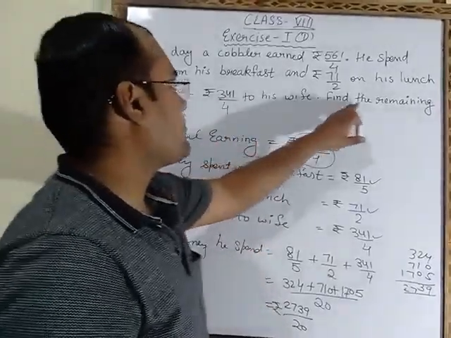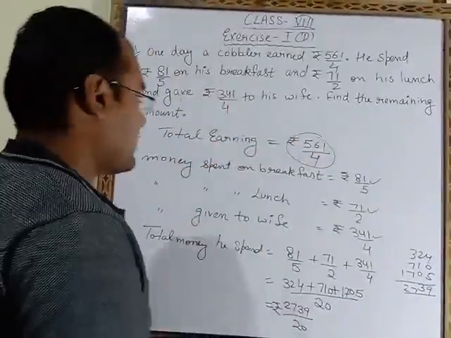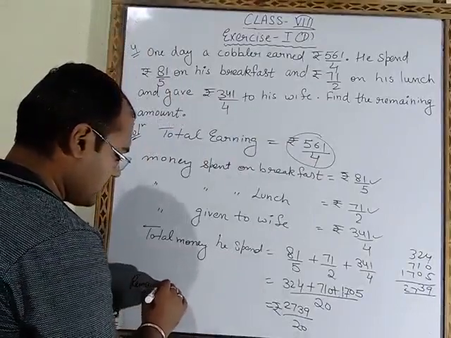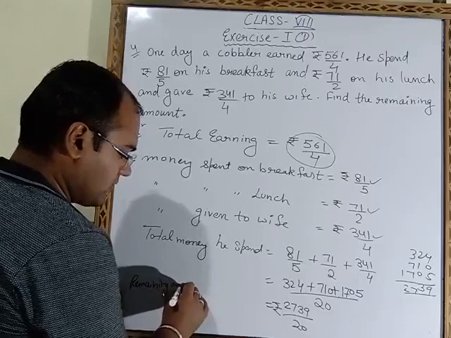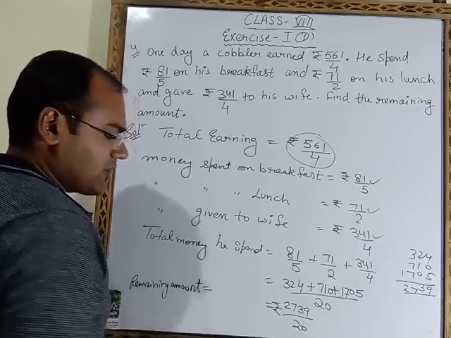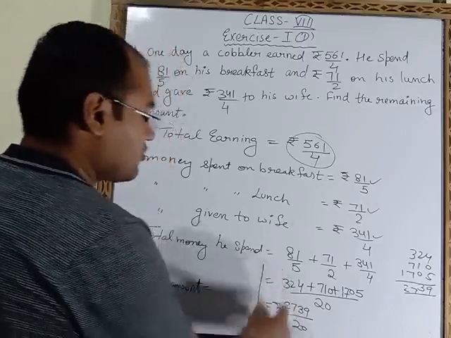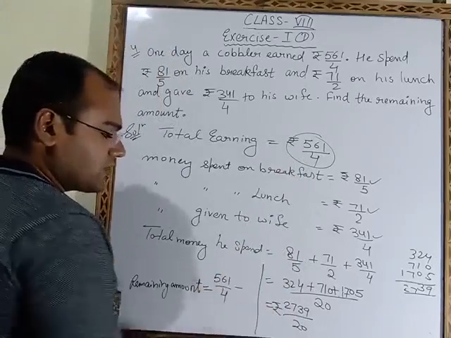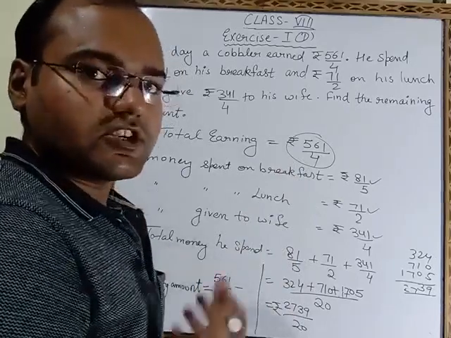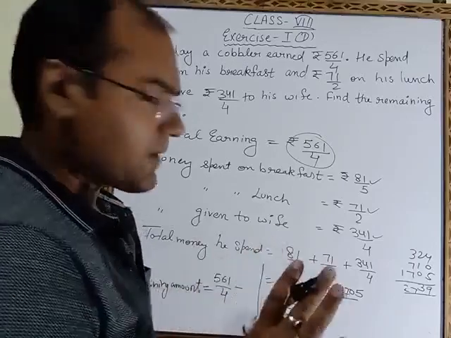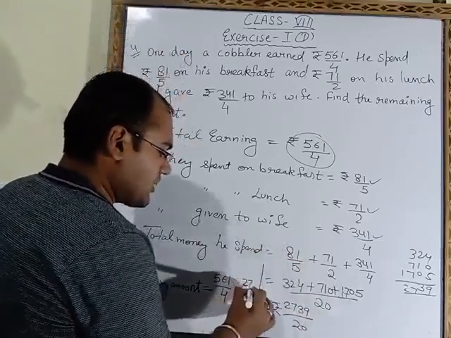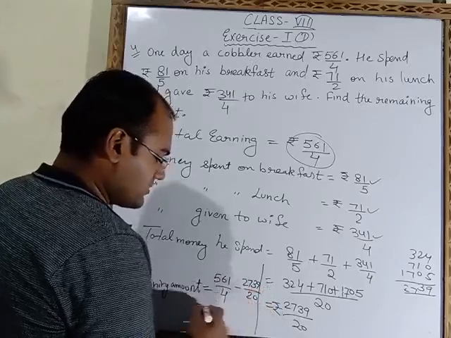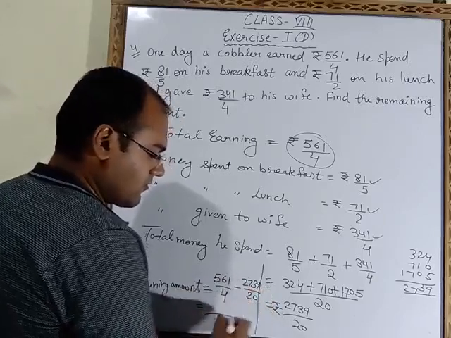From this total money, this much money he had spent. What we have to find? We have to find the remaining amount. So what you have to write at last? Remaining amount. In order to find the remaining amount, what you have to do? Total money 561 upon 4. From this we will remove the money which he had spent. How much money he had spent? 2739 upon 20. Now we will find the LCM of 4 and 20.